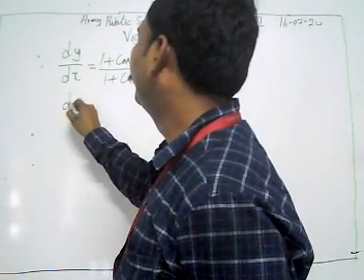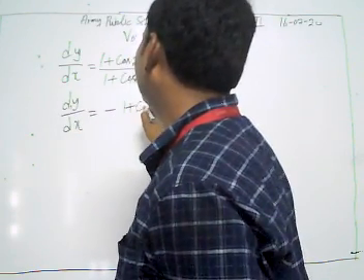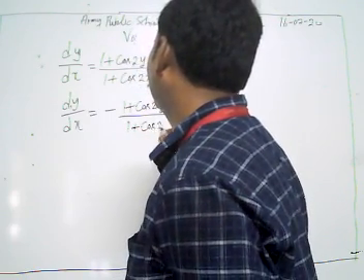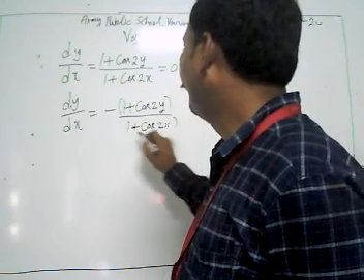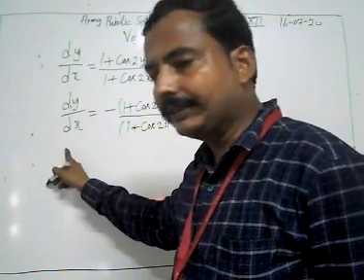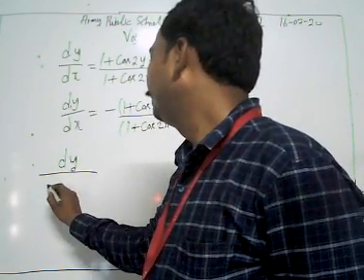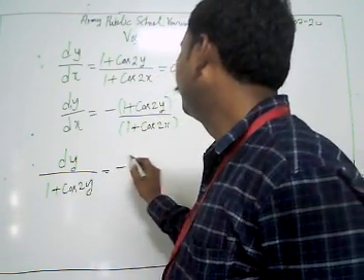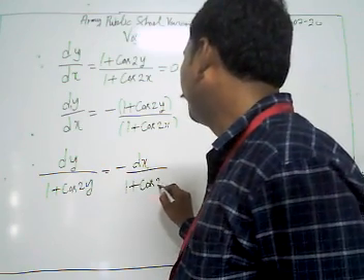We can write dy/dx is equal to minus 1 plus cos 2y upon 1 plus cos 2x. Now take dx to one side and 1 plus cos 2y to the other side. Then dy upon 1 plus cos 2y is equal to minus dx upon 1 plus cos 2x.